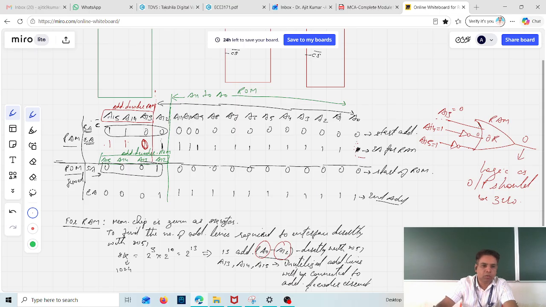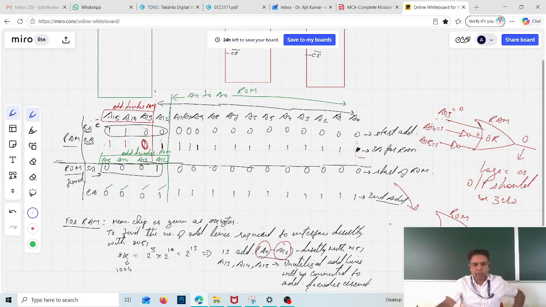So this was for the RAM. Similarly, for the ROM, let's say this is the OR gate for the ROM. Now see here, A15 is 0, A14 is 0, A13 is 0, A12 is 1.